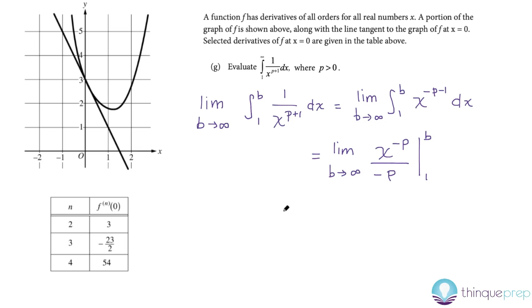Right, and now we can apply the fundamental theorem of calculus. I'm still going to rewrite this limit function here because we still haven't evaluated anything yet. So the limit as b approaches infinity of negative 1 over p to the b to the p power. Okay, so I'm plugging in b into my x value, right?